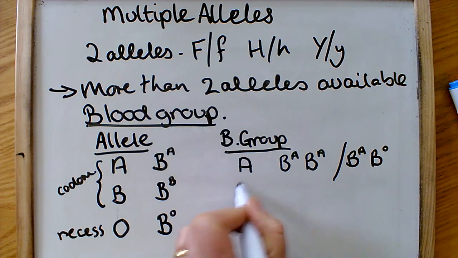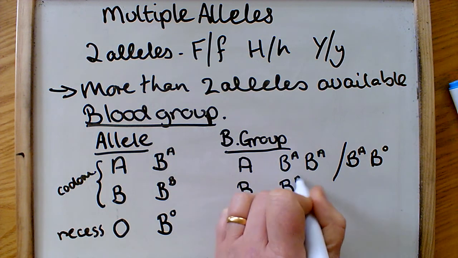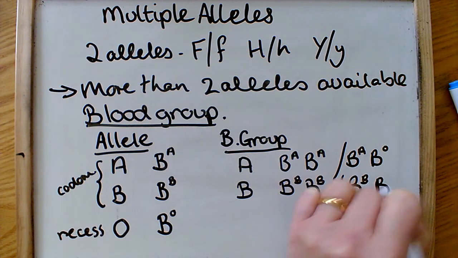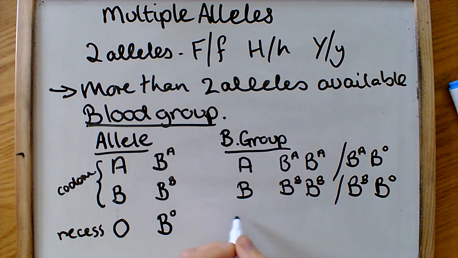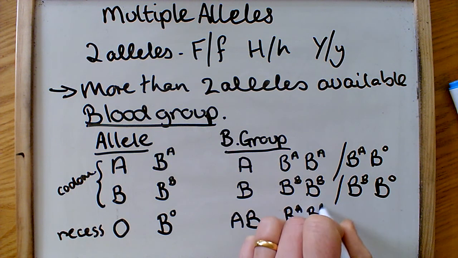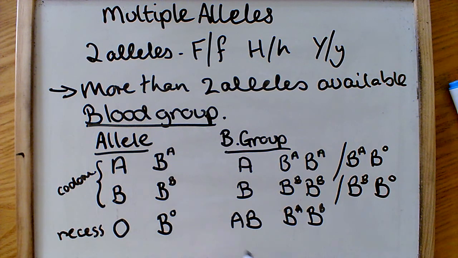You could end up with blood group B, and then obviously you'd have B, B, or you could have B, O, or you could have blood group AB, where obviously you'd have to have had an A and a B, or you could be blood group O, and you'd have had to have had two O's for that, because if you had an A or a B, then you would be blood group A or B.